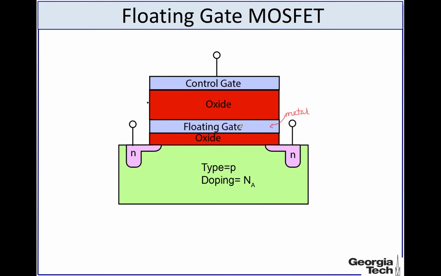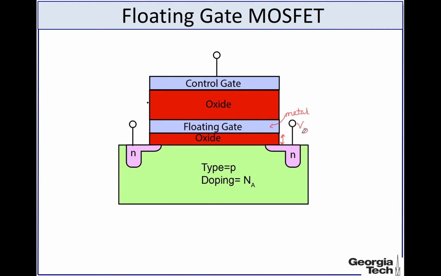This floating gate is separated from the channel by a thin layer of oxide. Usually this is very thin, between 5 to 20 nanometers. And then from the floating gate to the top gate, which is called the control gate, there is a thick oxide over here, and you have access to the drain terminal.